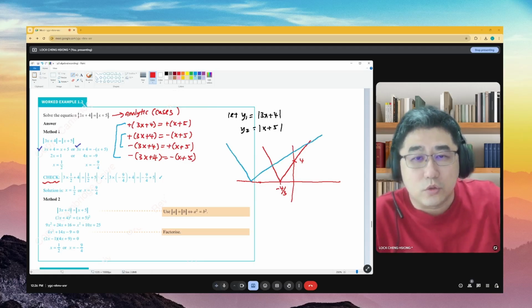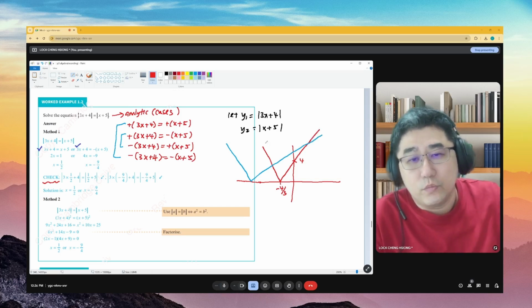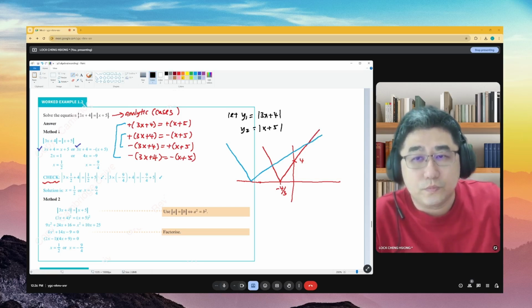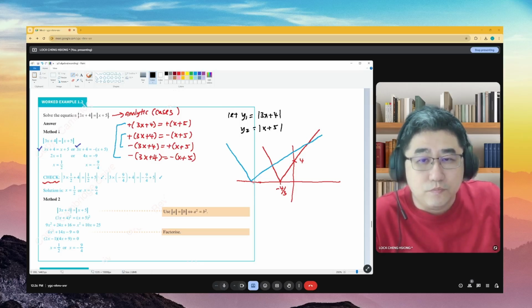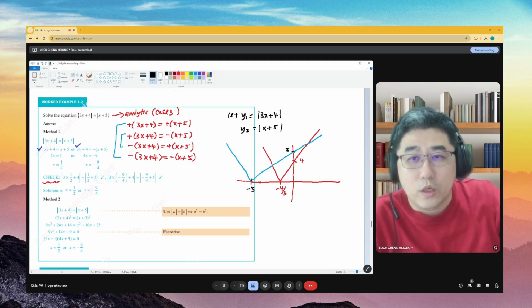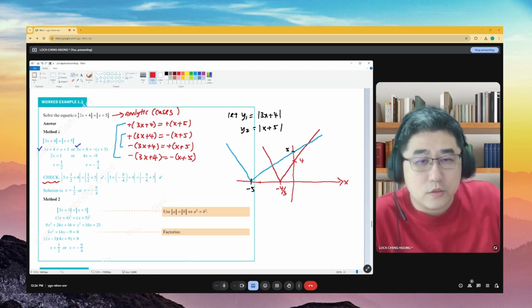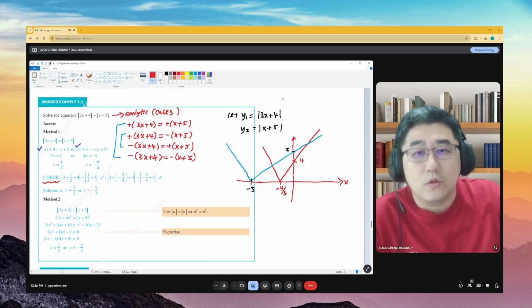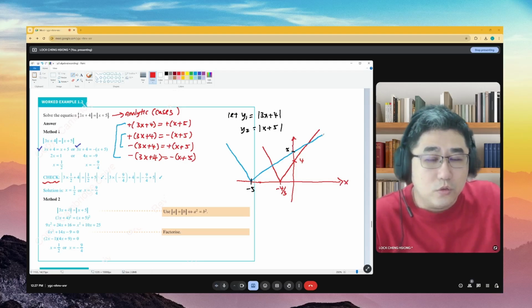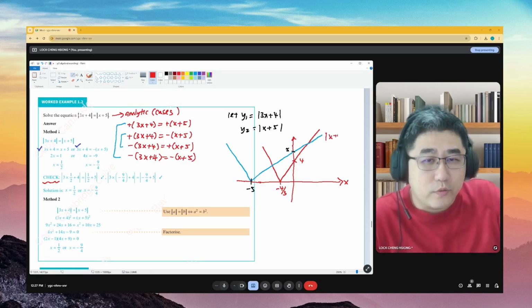So over here, this is minus 5 and this is 5. This is your x-axis, this is your y-axis. This will be your modulus of x + 5 graph, and this will be your modulus of 3x + 4 graph.